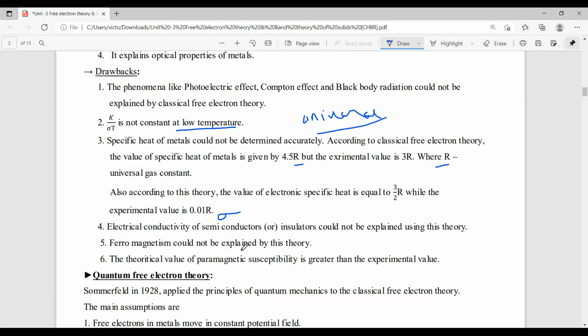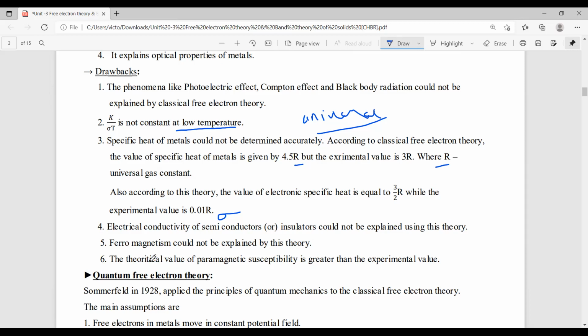And the theoretical value of paramagnetic susceptibility, actually susceptibility and permittivity, these are topics we discuss in magnetic properties, that is the fifth unit. These two points you have to learn more, and that is clearly explained in the magnetic properties chapter.